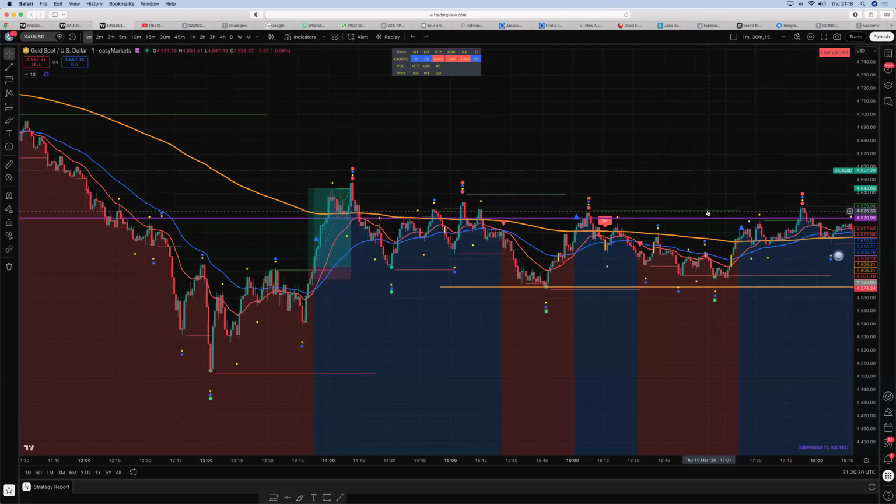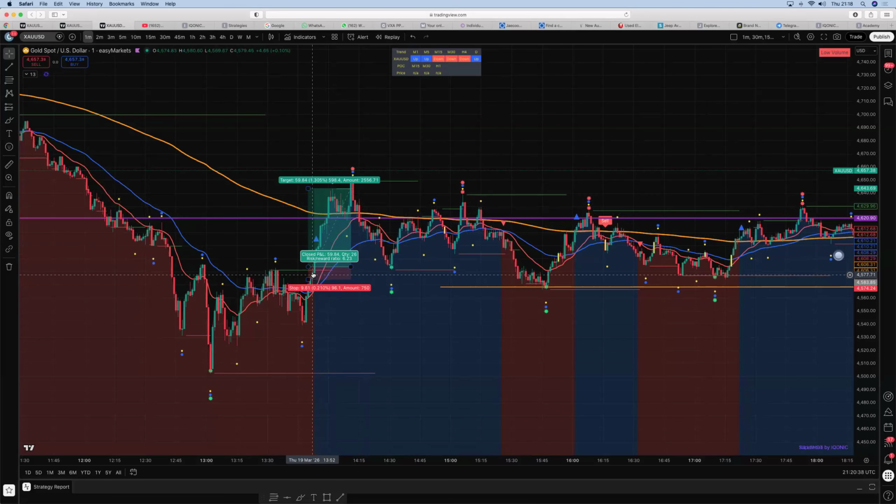I would have had to wait for it to come and take out this, then I would have probably got in a bit up here, so I wouldn't have got much in that trade. It's not a lot.